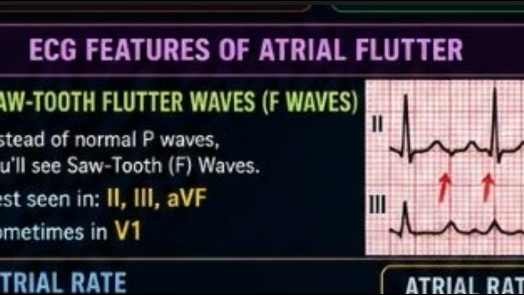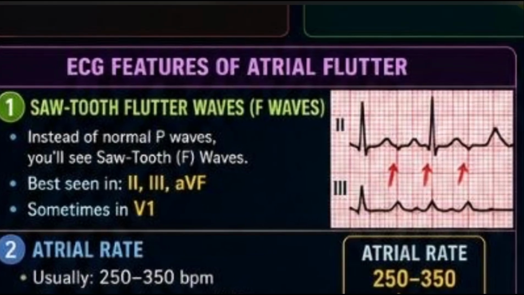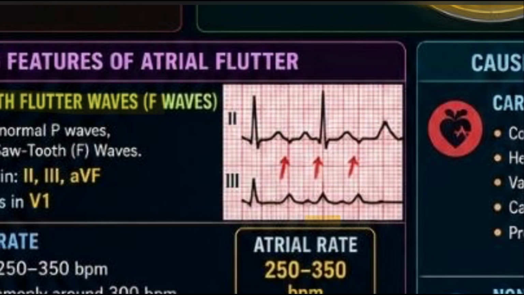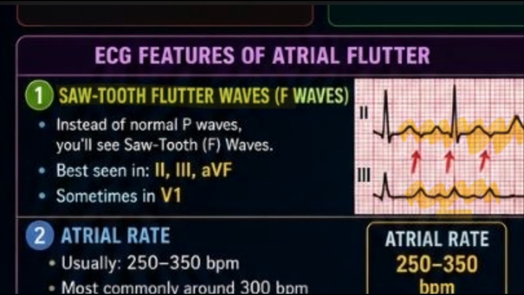Next, the ECG features of atrial flutter. We have to look for the classic finding we call sawtooth flutter waves. This is the flutter sign. Instead of normal P waves, you will see sawtooth F waves.